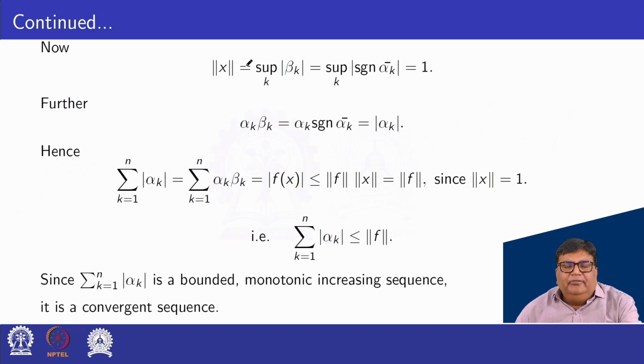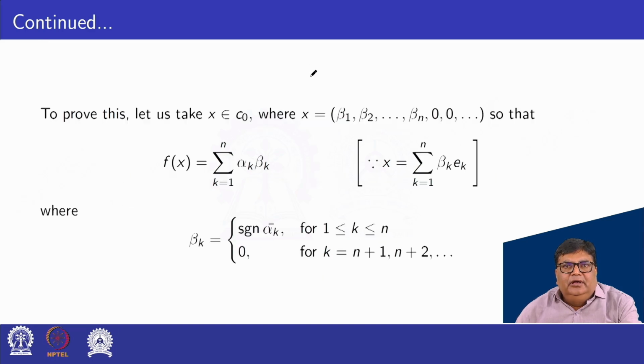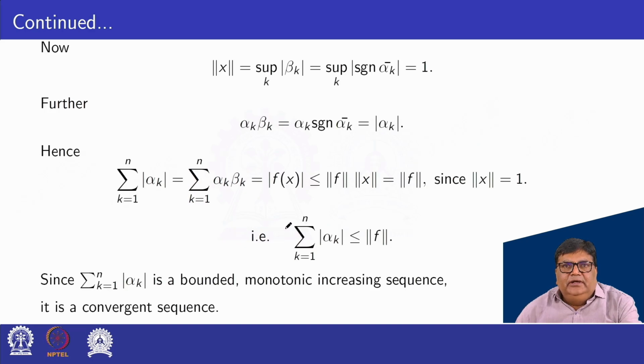So norm x is defined as the supremum of mod beta k, and beta k is signum alpha k bar, that is the supremum of mod signum alpha k bar, and we know that by the property of the signum function, mod of signum alpha k bar is 1. So the norm of x is equal to 1 here.